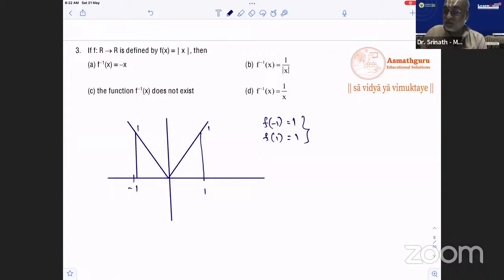Therefore, from these two, we can say that it is not 1-1. Not 1-1 means not a bijection. If it's not a bijection, then it cannot be invertible. So the inverse function does not exist. So the answer is option C, the function f inverse of x does not exist. This is the right answer.